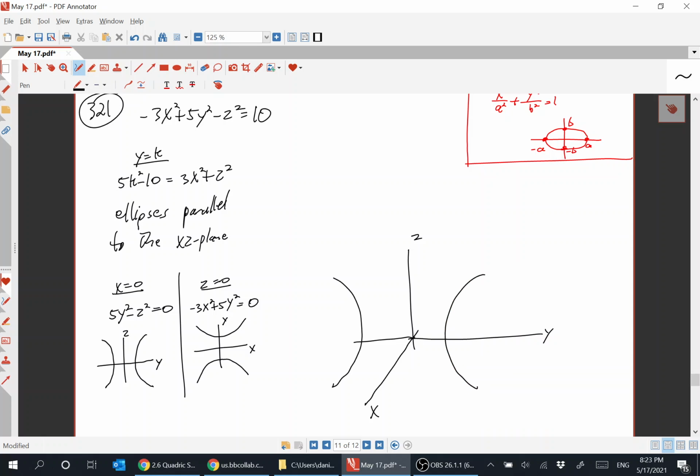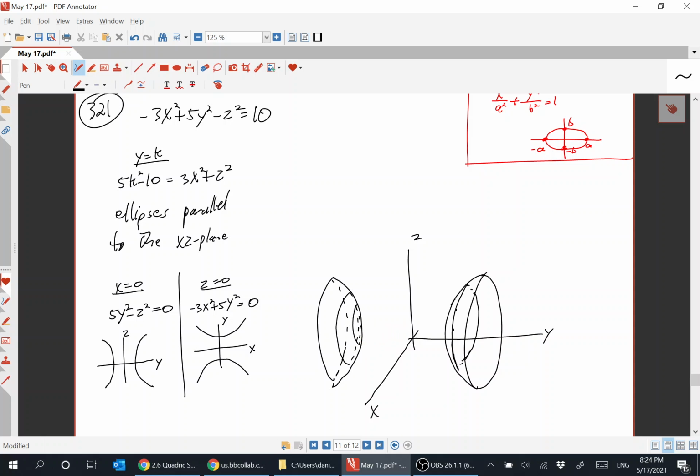Circles parallel to the YZ plane. So they look like this. So that's parallel to the YZ plane. And notice there's like a gap in there. So this is known as a hyperboloid of 2 sheets.